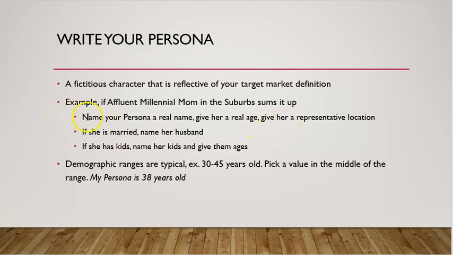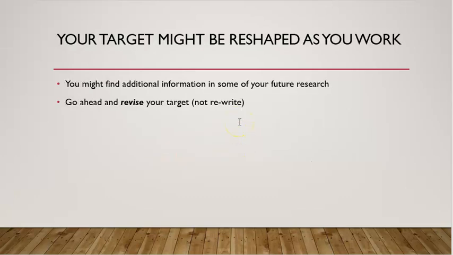The persona is not an actual person, but the definition of who could be an actual person. So you give your persona a name, you give her a real age, a representative location. If she's married, what's the name of her husband? If she has kids, who are they, what are their names, and what are their ages?